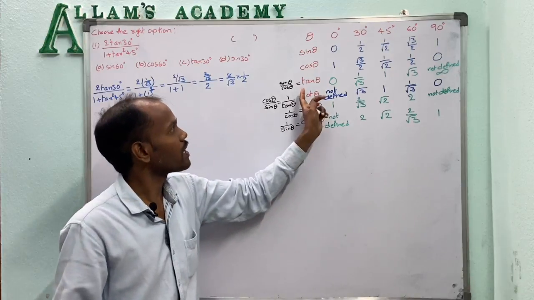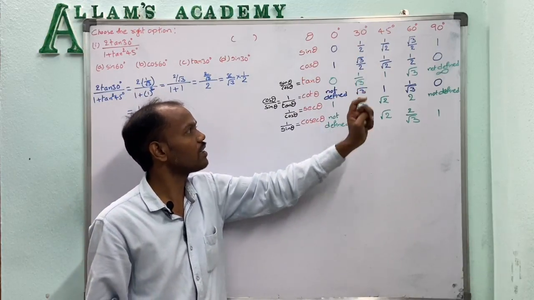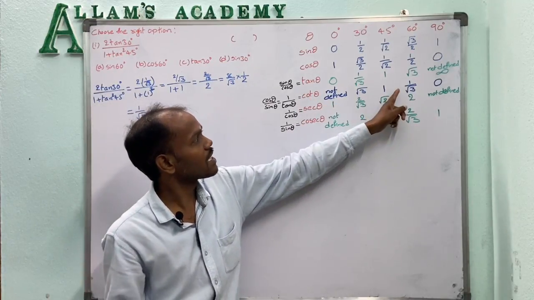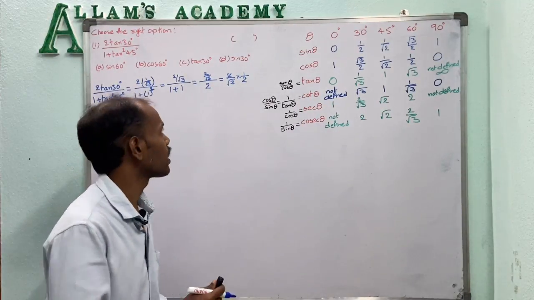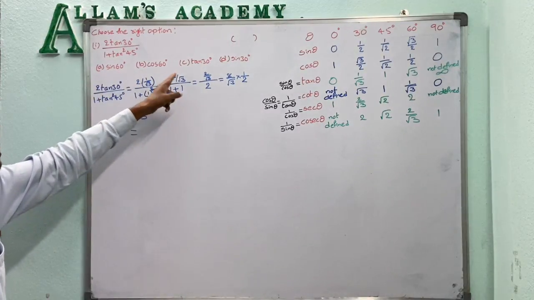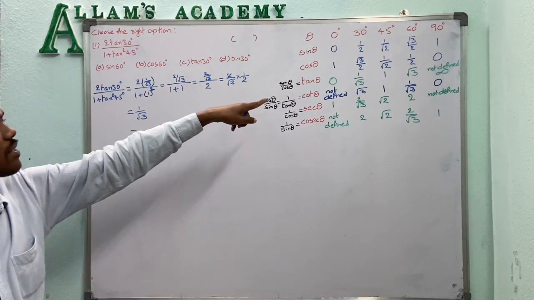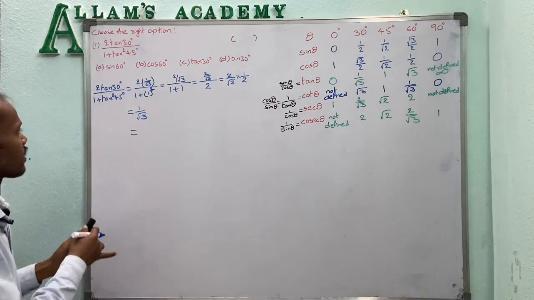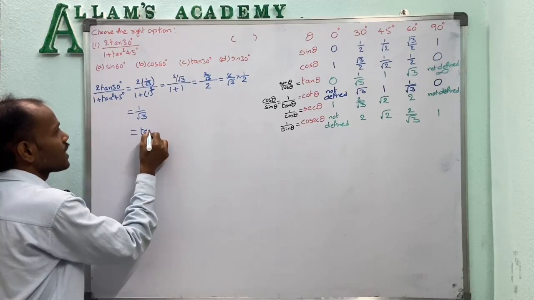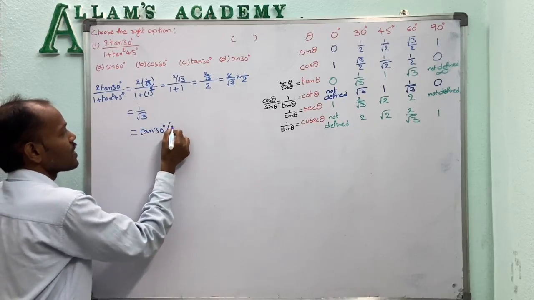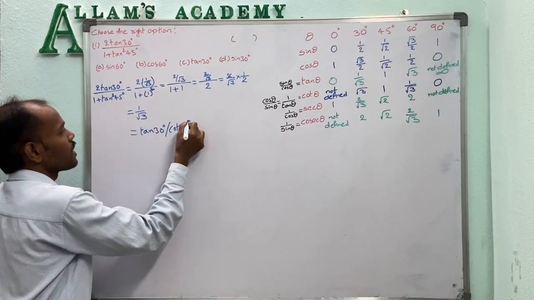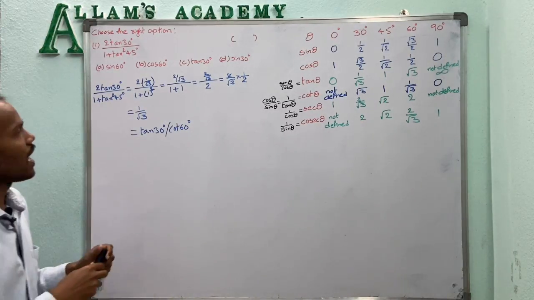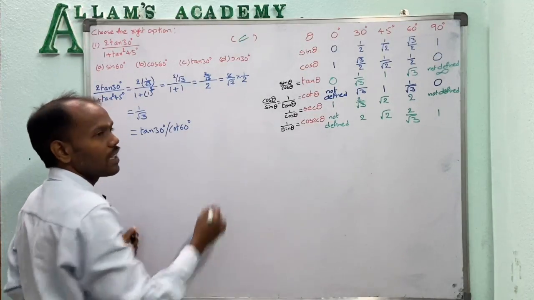Otherwise, at cot 60 degrees we also get 1 by root 3. But here the option is tan 30 degrees. So the answer is option C.